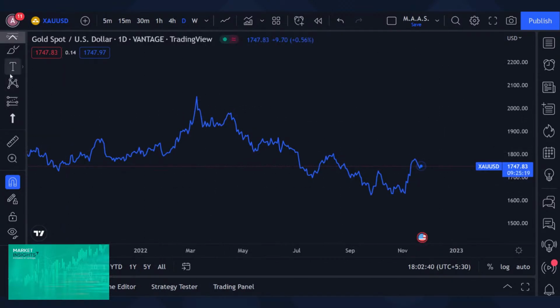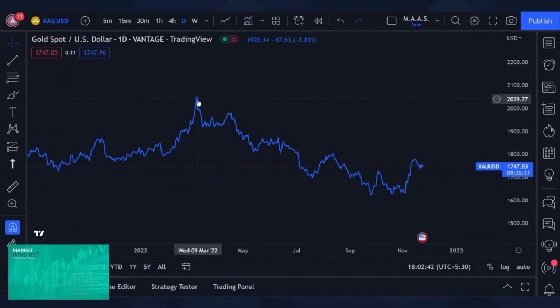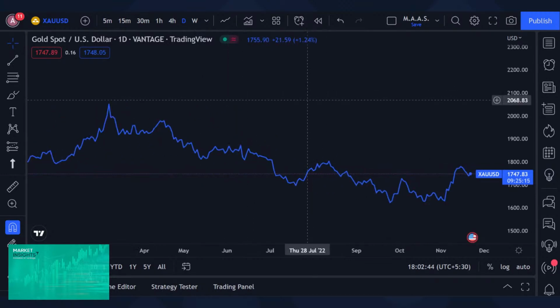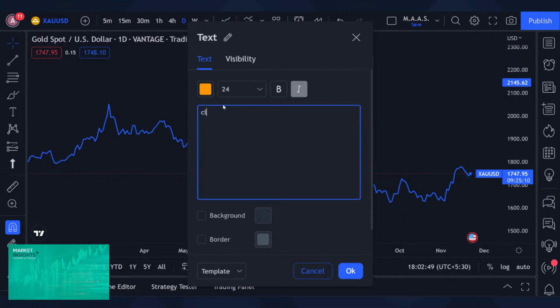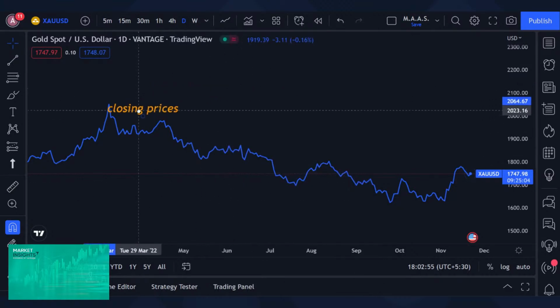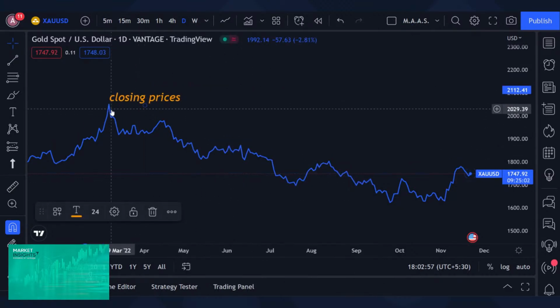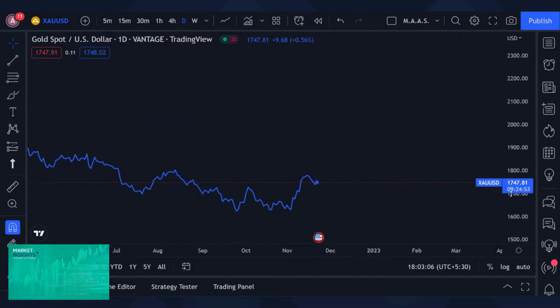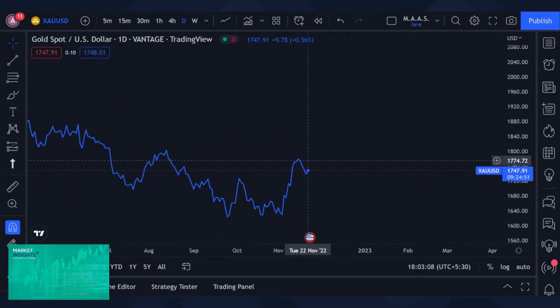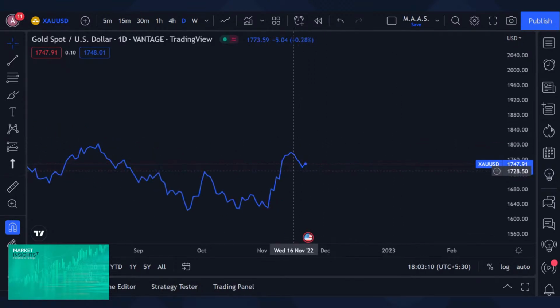Now you note that these lines are nothing but the joining points of closing prices. The closing prices have been joined by a line, just like an EMA is joining points. Every single point attached every single day is the closing price of that particular asset on that day. So if you see today's movement, it has been up.